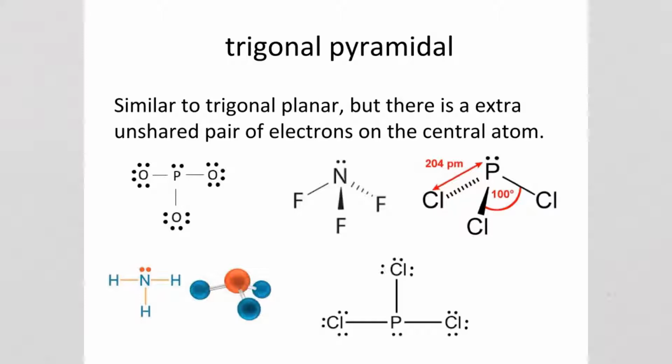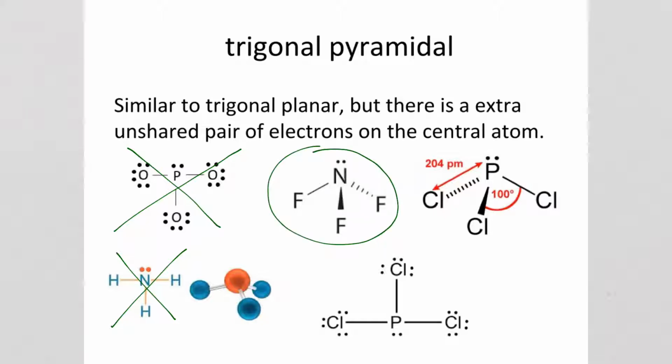Trigonal pyramidal. So this would not be a good representation of a structural formula, neither would this. This is showing you the way it's bonded. This is the 3D structure that you may be expected to draw.